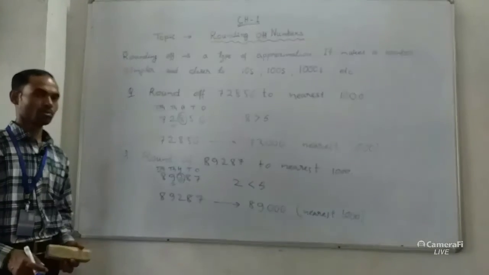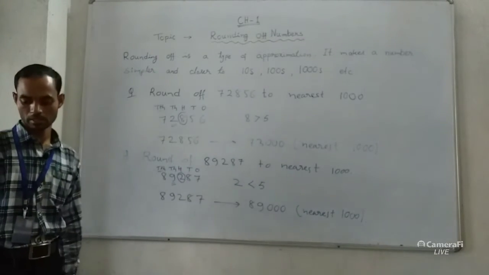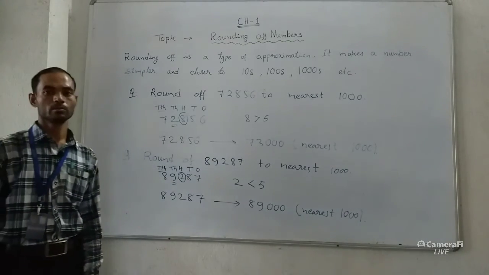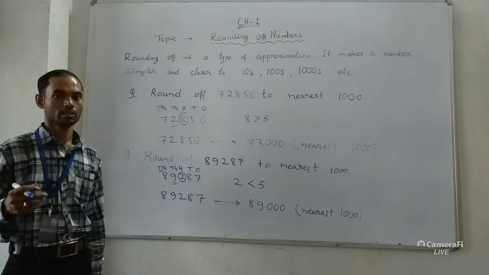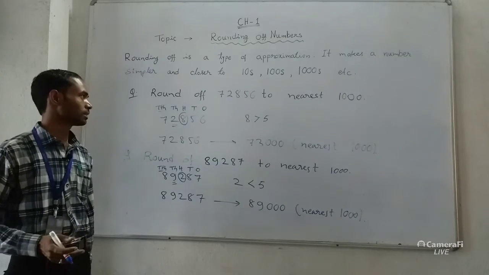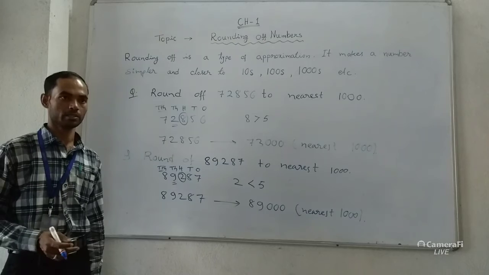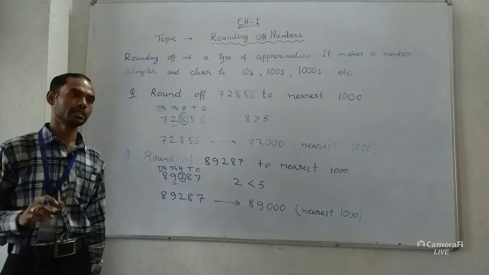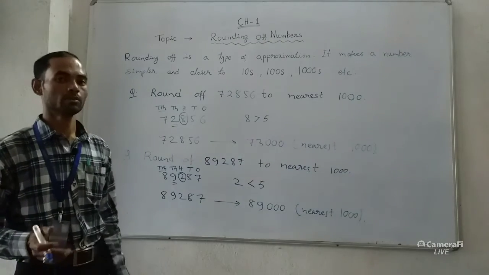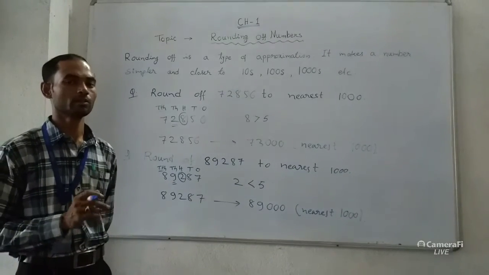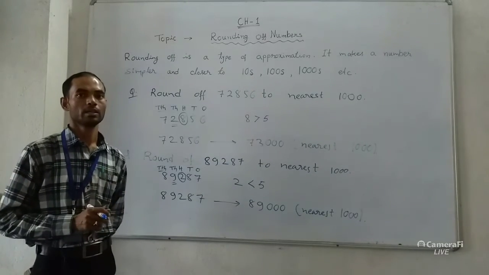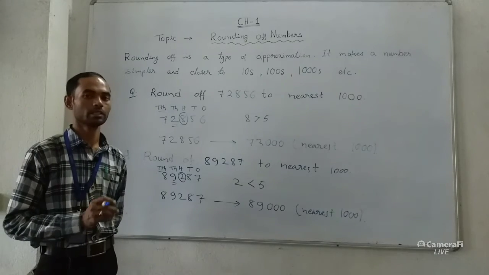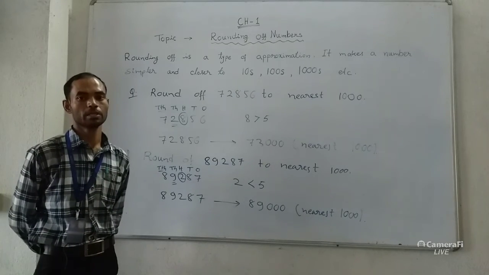So what is the common rule here? Whenever you are rounding off any number to any place, you have to check the digit before that place. Suppose you are rounding off to the thousands place, you have to check the hundreds place digit. If it is 5 or greater, the thousands place digit increases by 1, and if it is less than 5, the thousands place digit remains the same, and the other digits after the thousands place will be 0.